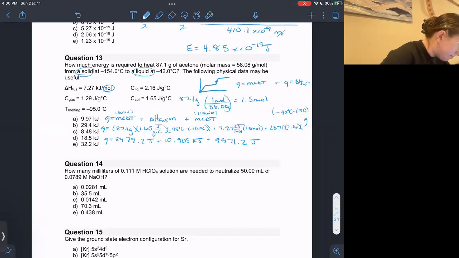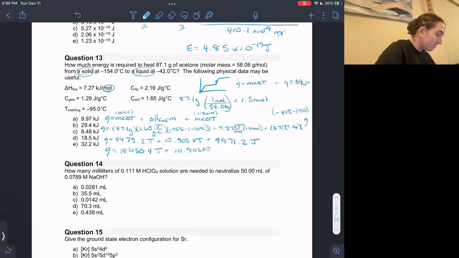So let's do my joules together. 8479.2 plus 9971.2 gets me to Q is equal to 18450.4 joules plus 10.905 kilojoules. And kilojoules is just like saying times 10 to the 3 joules.